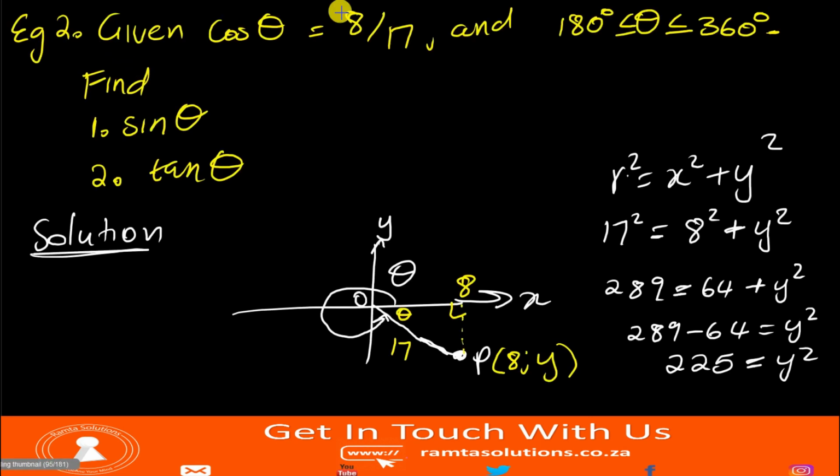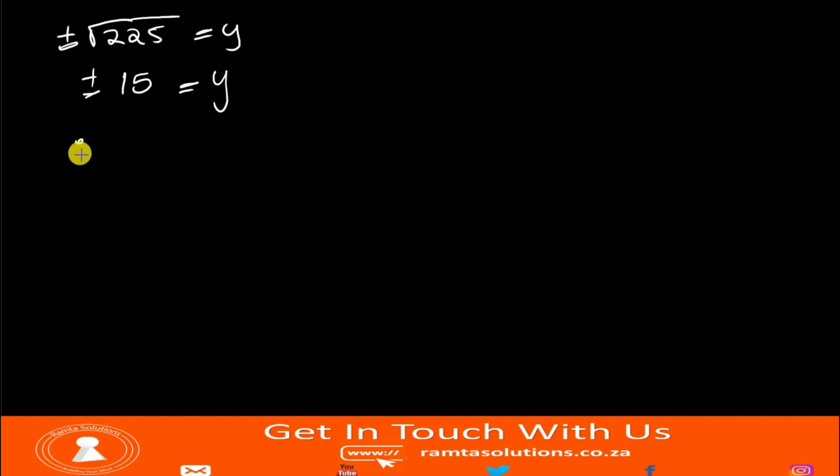Square root of 225 equals y. Remember, it should be plus minus square root of 225 is equal to y. Okay? So this is plus minus 15. Square root of 225 is 15. However, this point is in the negative y-axis. Therefore, y is equal to negative 15.